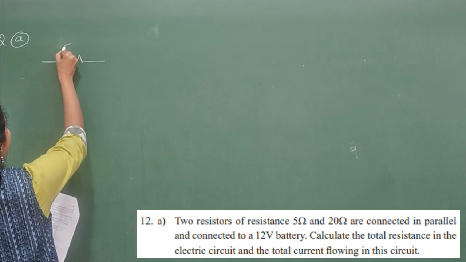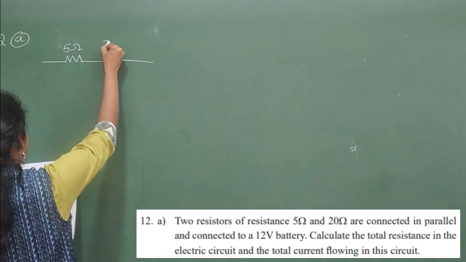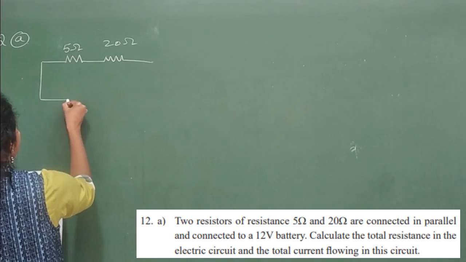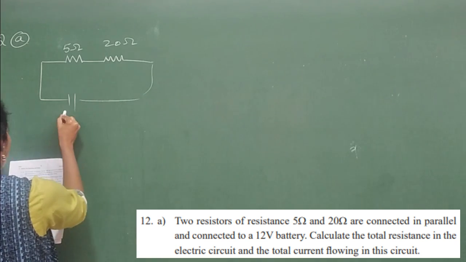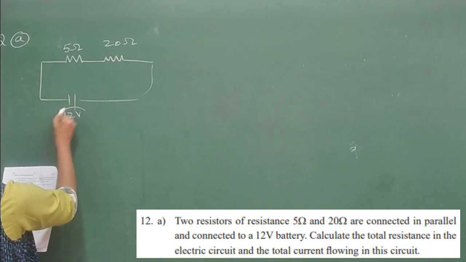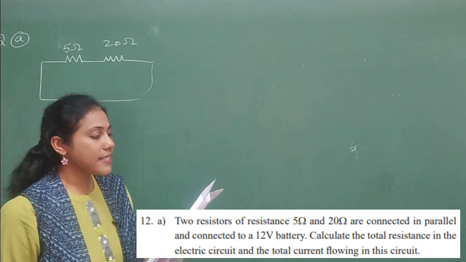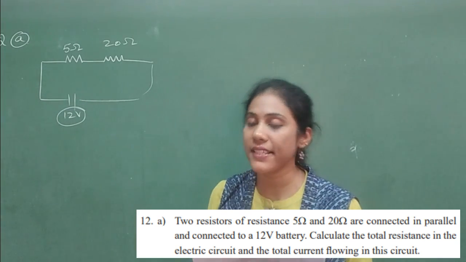One resistor has 5 ohms resistance, the other has 20 ohms, and both of them are connected to a battery with voltage 12 volt. Calculate the total resistance in the electric circuit and the total current flowing in this circuit.